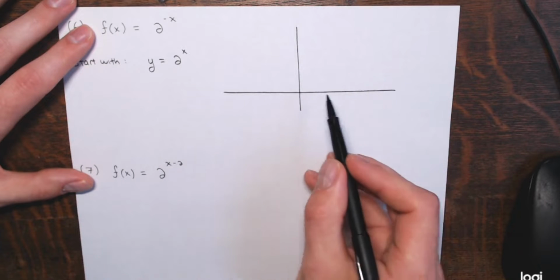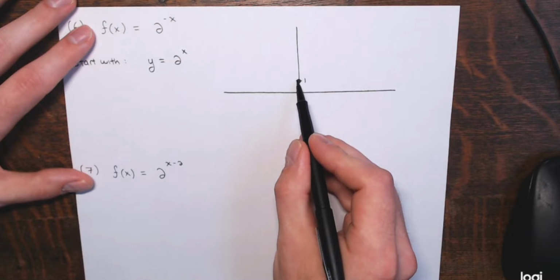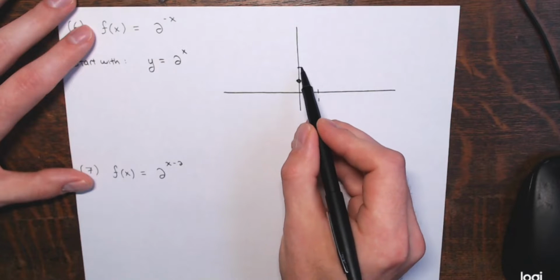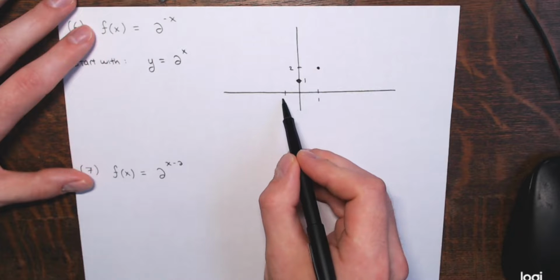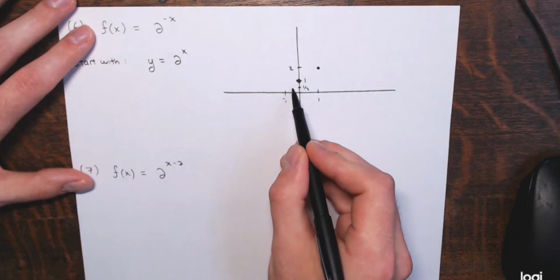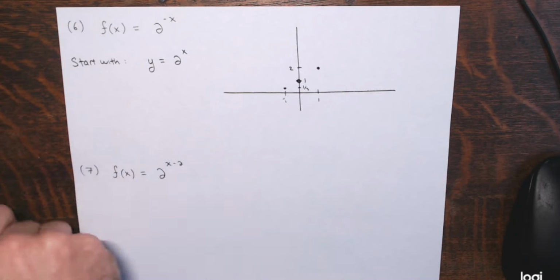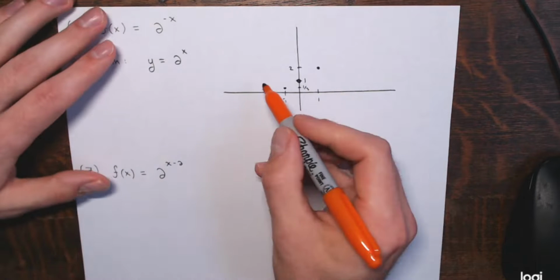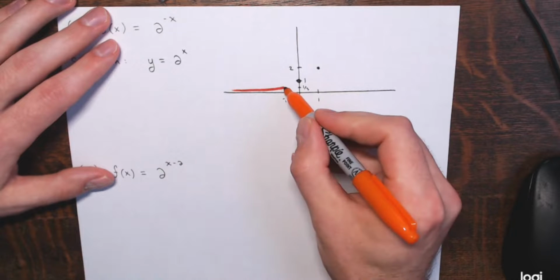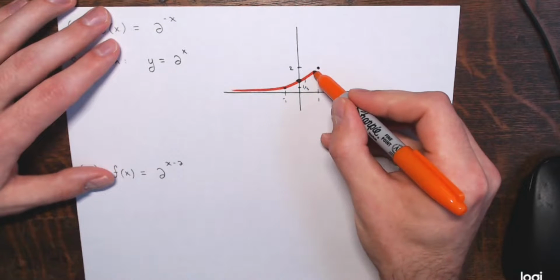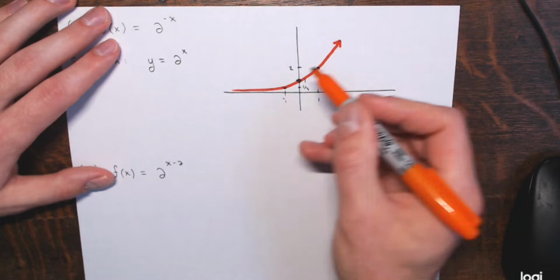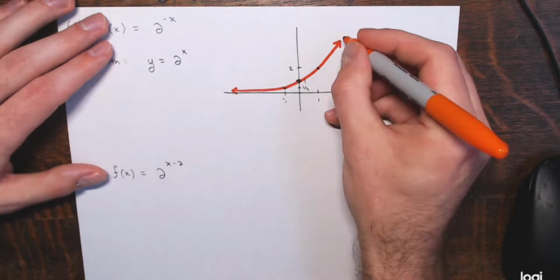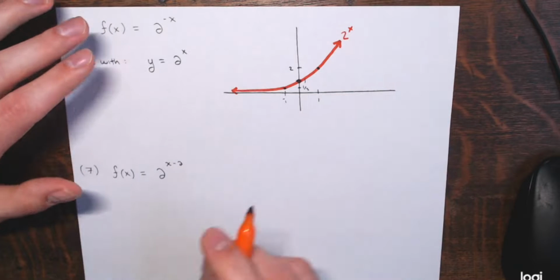So that has 0, 1. 2 to the first is 2. 2 to the negative 1 is a half. Alright, and it had a domain, all real numbers, range, all positive numbers, and the x-axis was an asymptote, and it was an increasing function. Right? So there was 2 to the x there, the graph in my orange color.